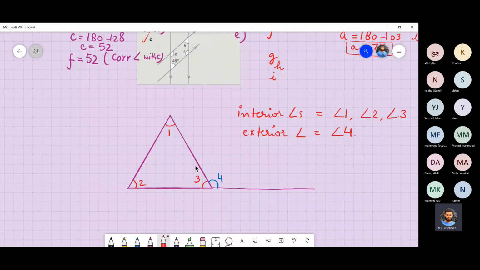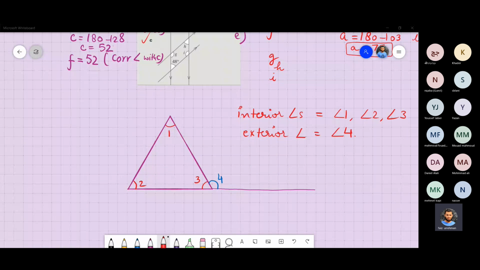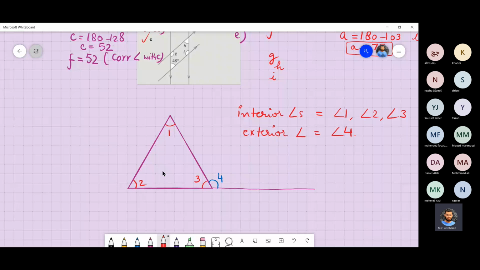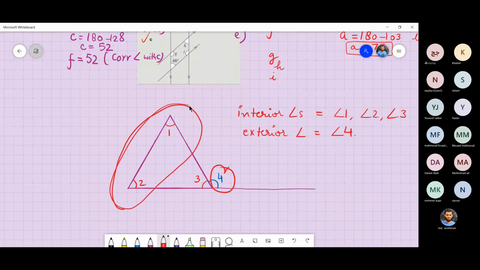Now, what does the exterior angle property say? It says that the exterior angle will be equal to the sum of the interior opposite angles. Yani, angle 4 will be equal to angle 1 plus angle 2.